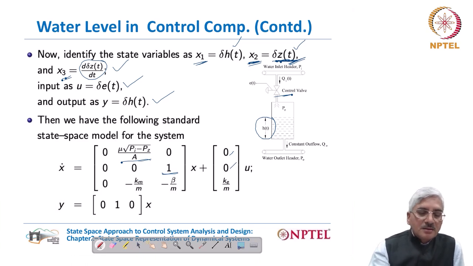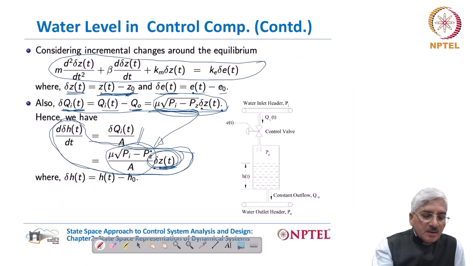The third state comes from here: m into the derivative of the speed plus beta into the speed plus km into the position. So position is state x2, speed is state x3. If we change their sides, we take them on the right.